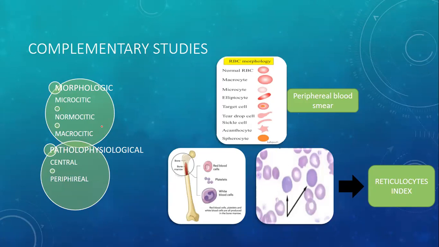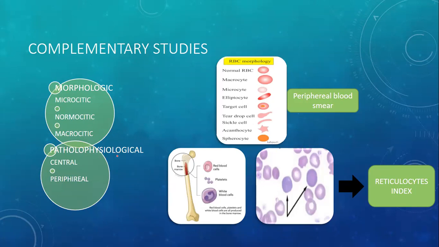However, for you to remember it in a better way and have standard values that are easier to remember, we're going to take into account from 80 to 100 femtoliters. Okay. So we already talked about this one.